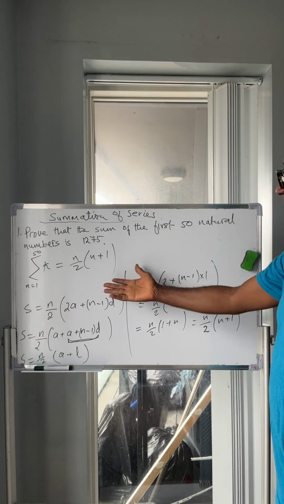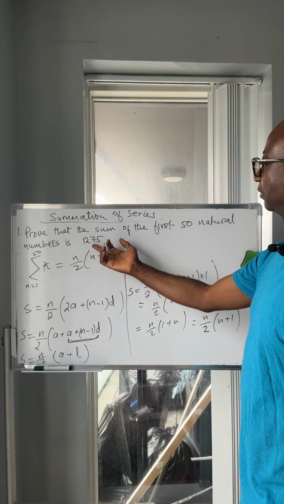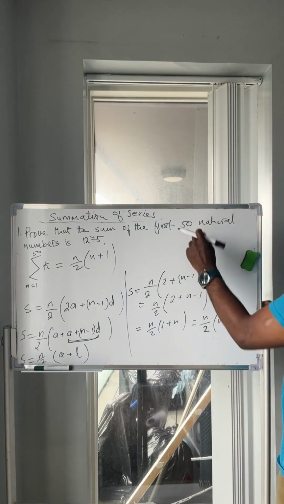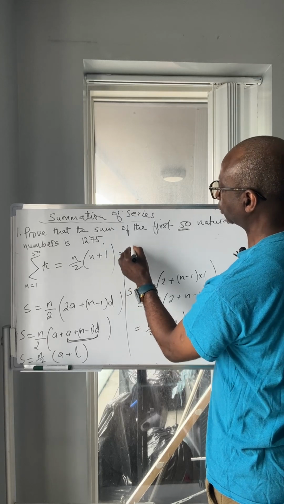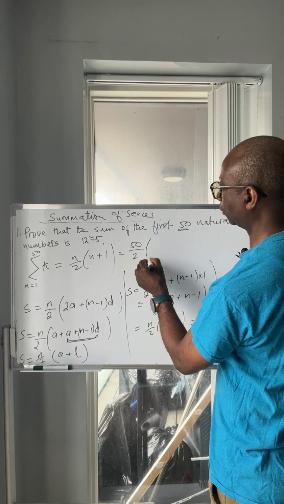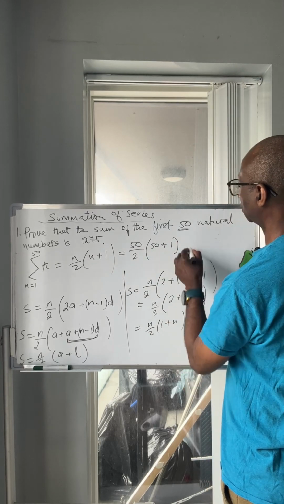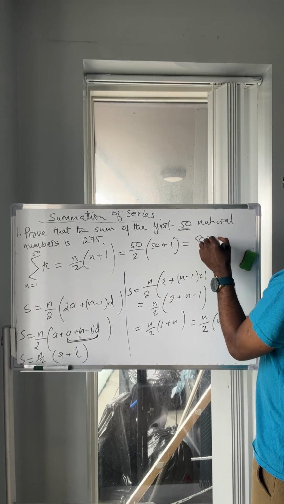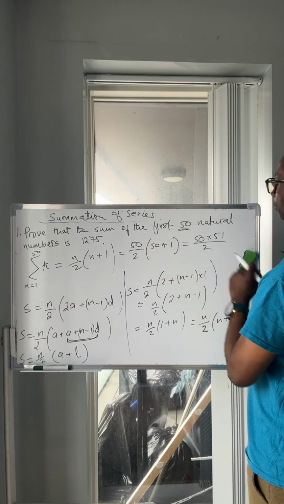Now they say prove that the sum is 1,275. So now when n is 50, because they said the first 50 natural numbers, you now have 50 divided by 2 times 50 plus 1. So this gives you 50 times 51 all over 2.